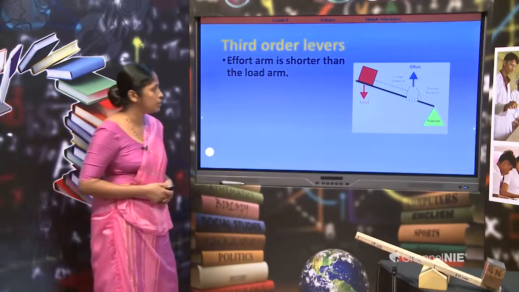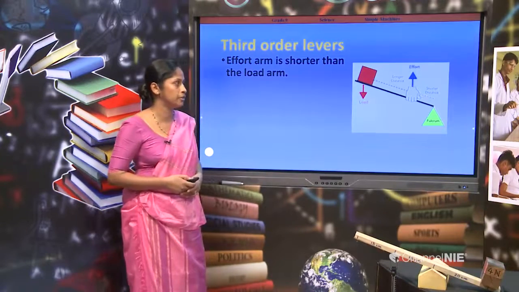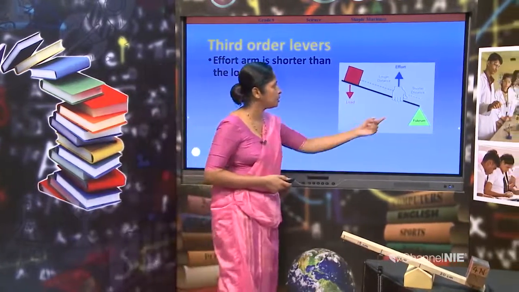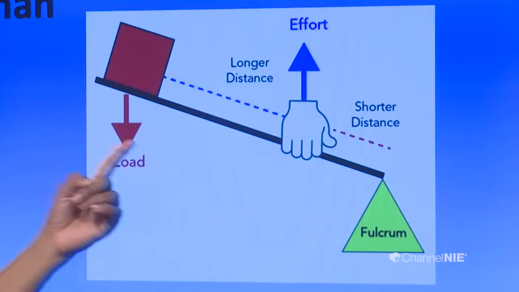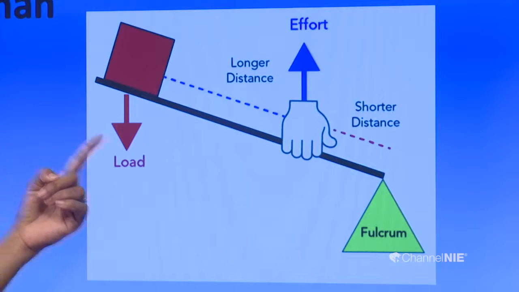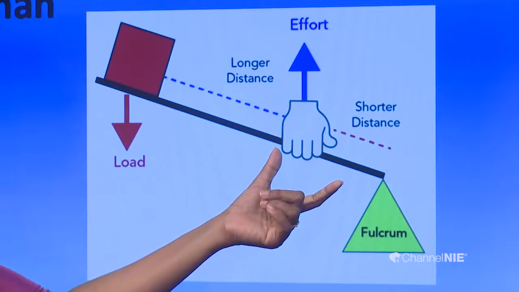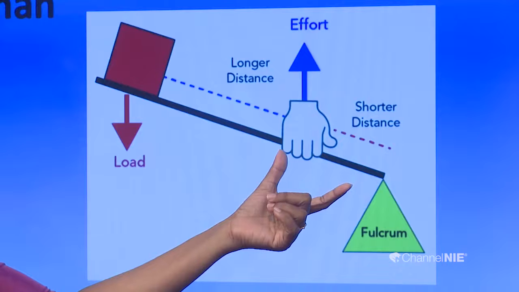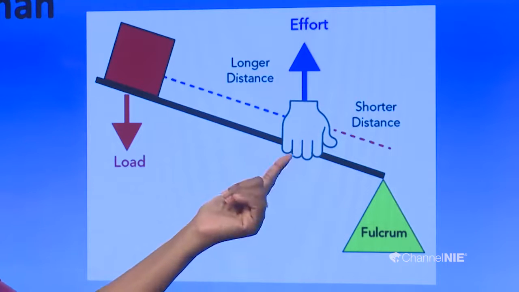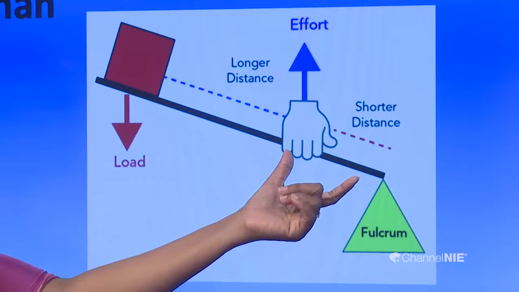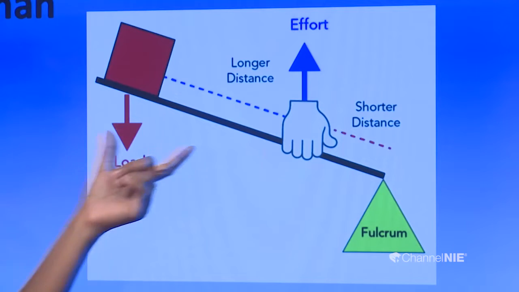In third order levers, it is a little bit different. You can see the fulcrum and load. The load arm is greater than the effort arm, fulcrum and effort. The effort arm is smaller than the load arm.